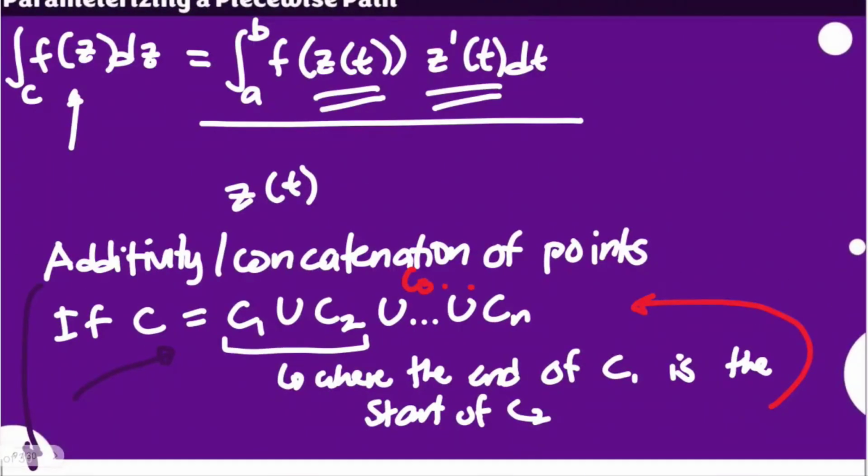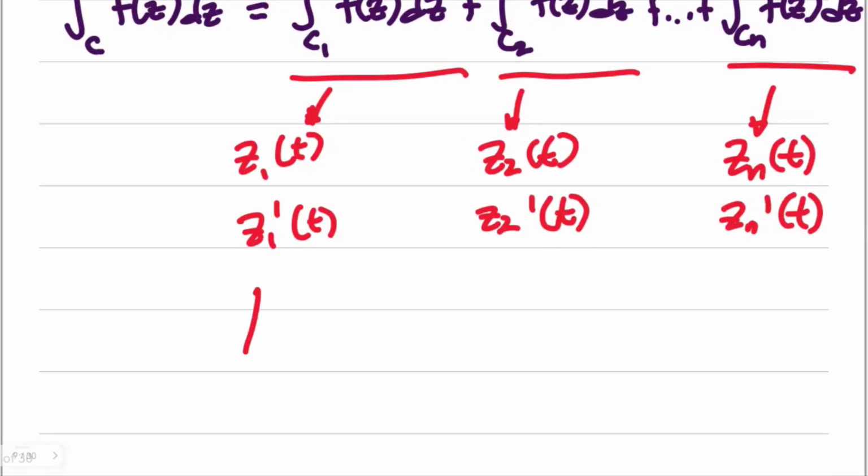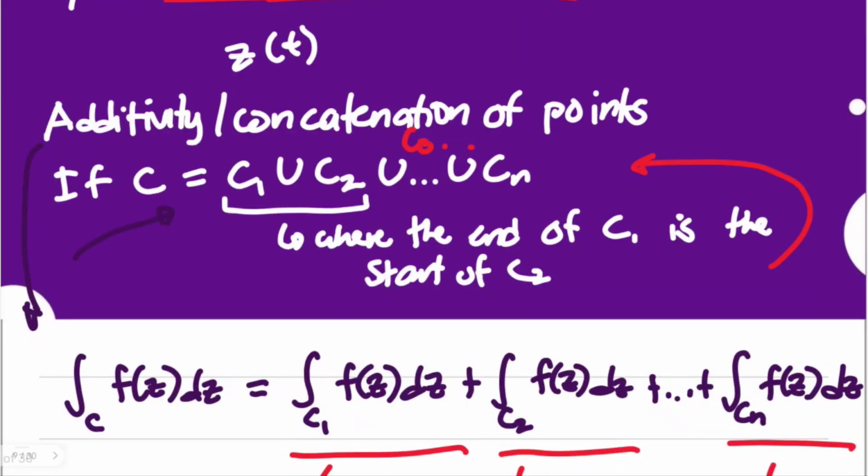In short, we will have a series of these: one version for this, plus one version for that, and so on. This is how we parameterize a piecewise path, because our piecewise path is just a combination of all, as long as it follows the certain condition here. So we don't have a specific form for this.